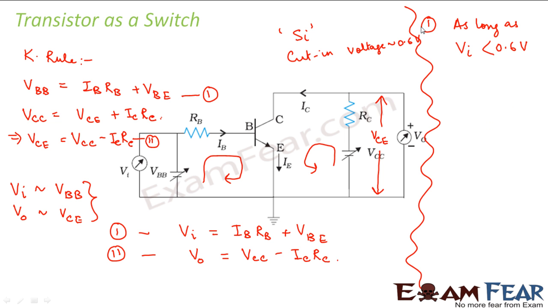So as long as the input is less than 0.6 volts, the current is zero. Collector current is zero, emitter current is zero. If all currents are zero, what happens to the output? The output becomes equal to VCC, as long as the input voltage is less than the cut-in voltage of the semiconductor.